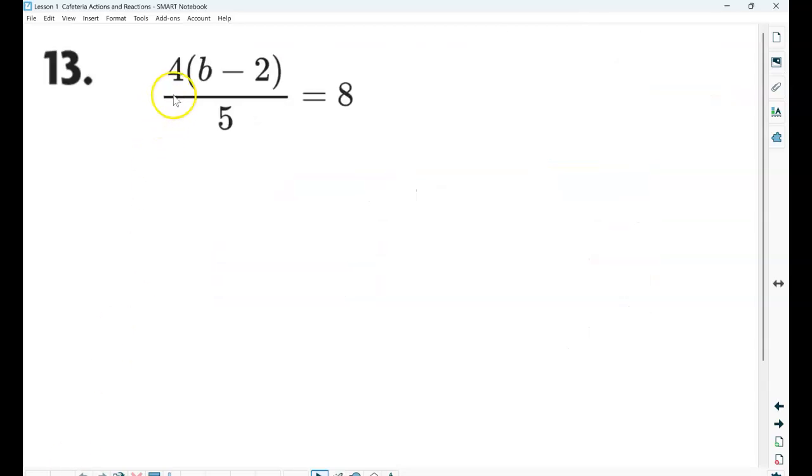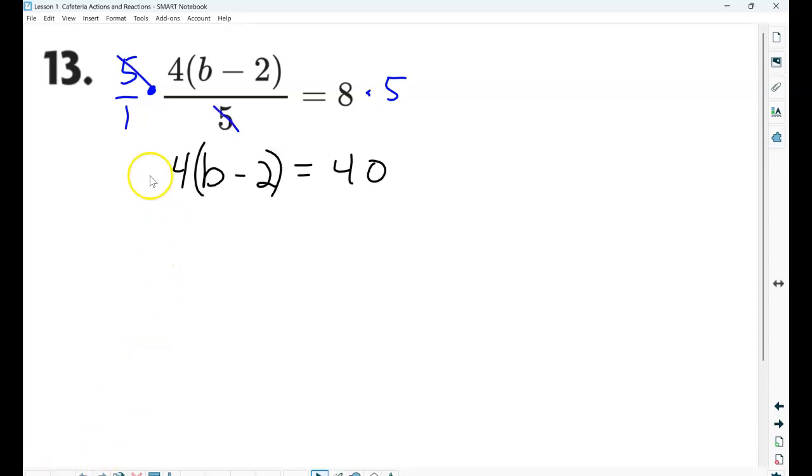All right, here's 13. All right, we're going to multiply by 5 on both sides. And that cancels out the 5s right here. Okay, and that'll go away.